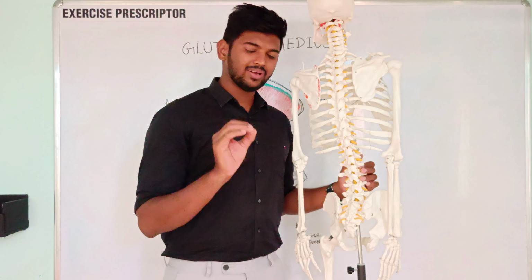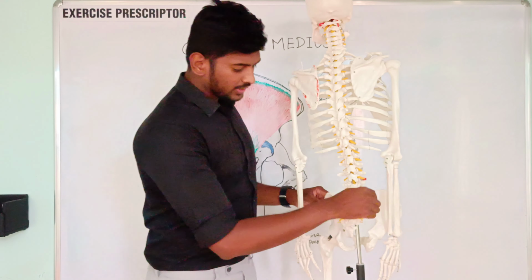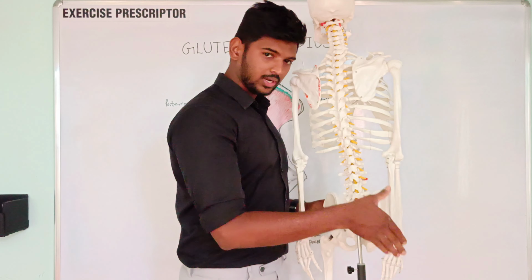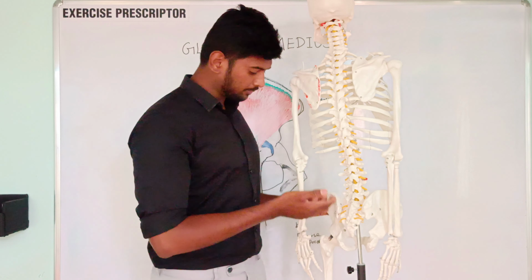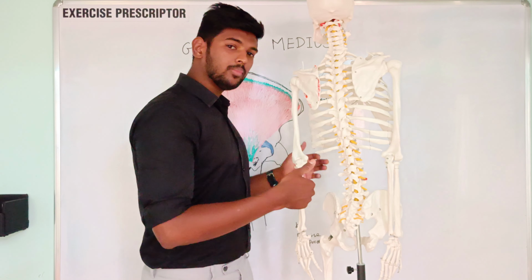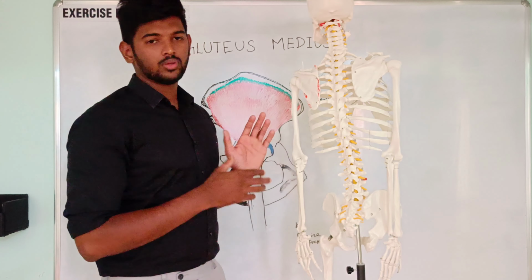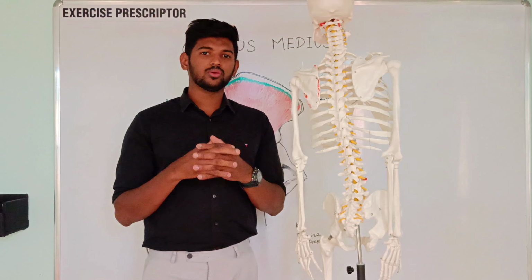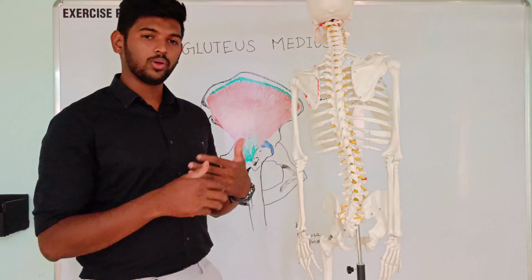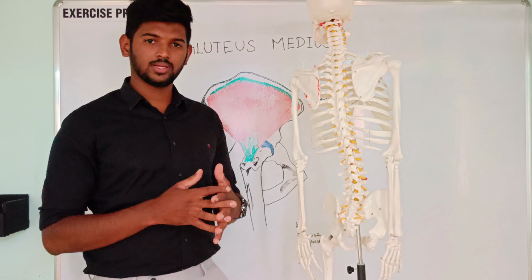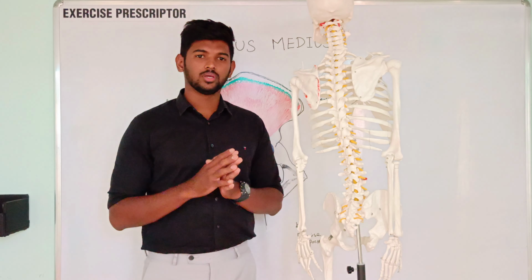Why is this important? Because while walking, the depression force of the supporting limb helps to prevent depression of the swinging limb on the opposite side. So this is the test we frequently use, the Trendelenburg sign, to assess Gluteus Medius weakness.